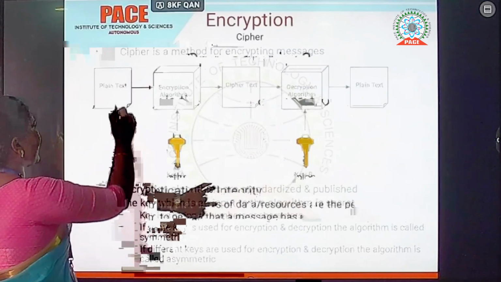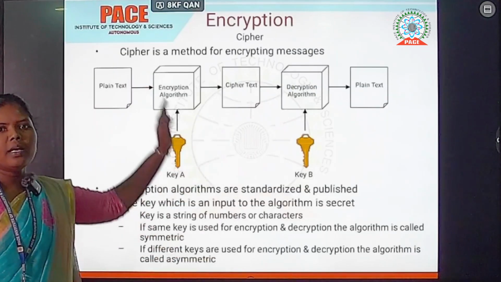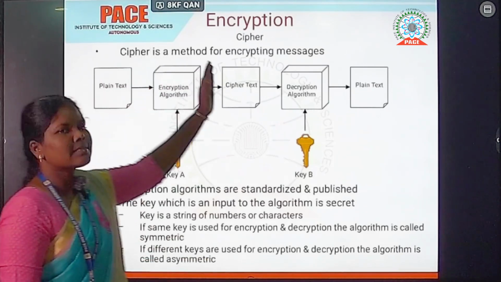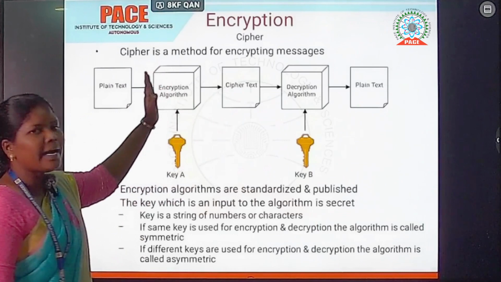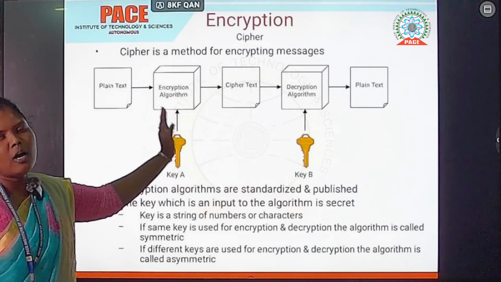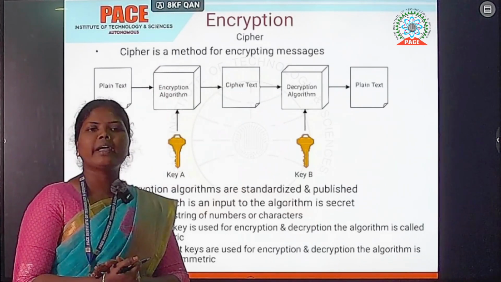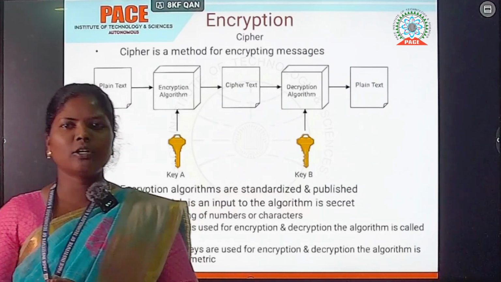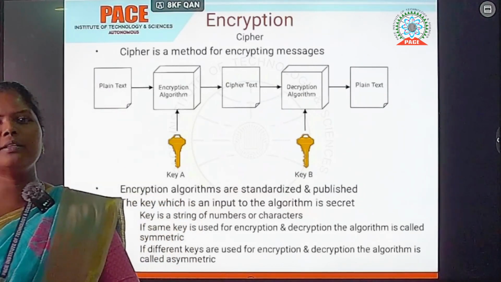Next, this is the encryption. First of all, we have the plain text. This plain text, or actual message, goes to the ciphertext by using the encryption algorithm. There are many algorithms: AES algorithm, DES algorithm, triple DES algorithm, and so on.